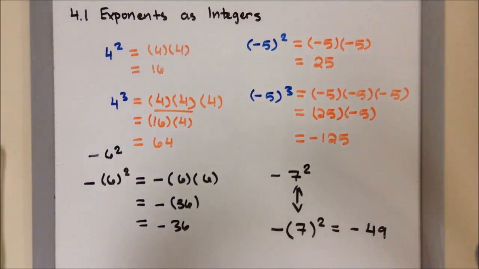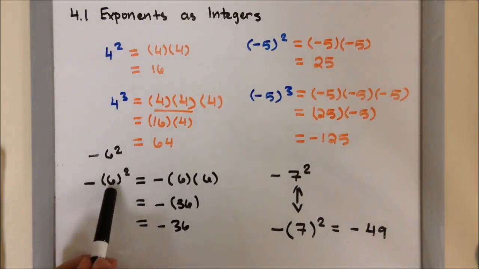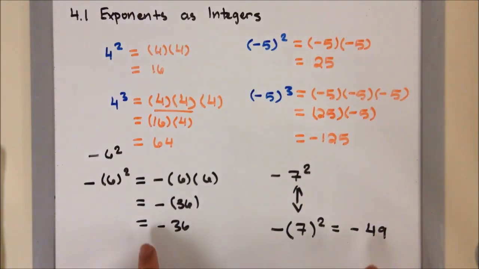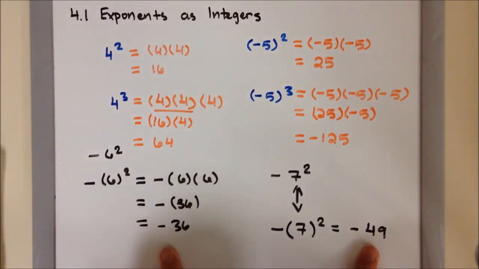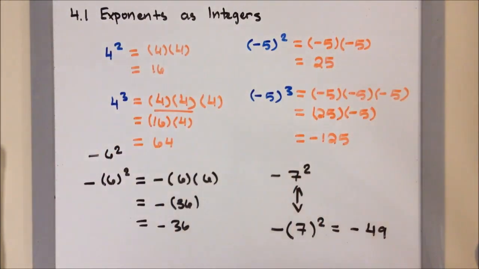So when you have something like that, it simply means that the negative is on the outside, and I'm going to write the number that's inside the parenthesis twice. So 6 and 6 here, multiply the number, and then I distribute the negative. So my final answer is negative 36, over here negative 49. That's very different from positive 16 and positive 25.